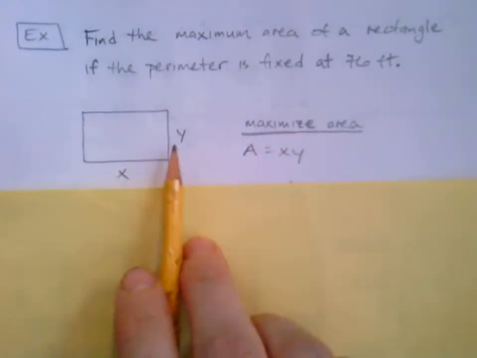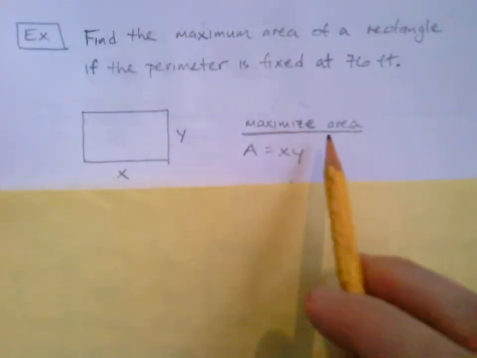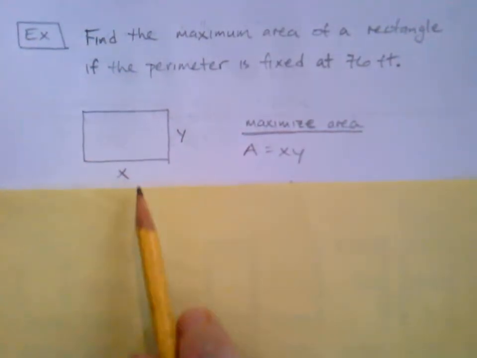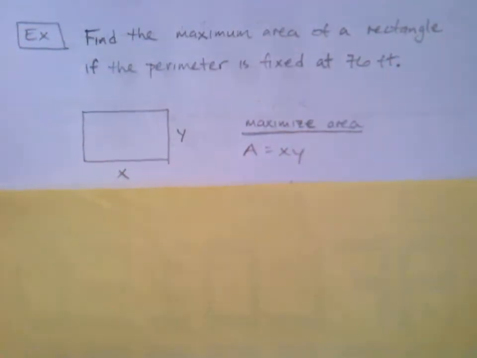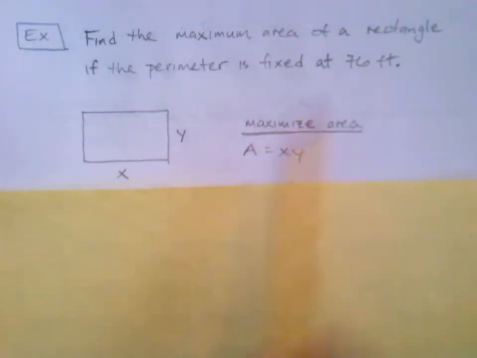So we've got this length and that length, x and y. We are looking to maximize the area. Well, what's the area of the rectangle that I just drew? Length times width, right? x times y. They also mention the perimeter. Well, let's come up with an equation for the perimeter here, but we know that it's going to be 76 feet.